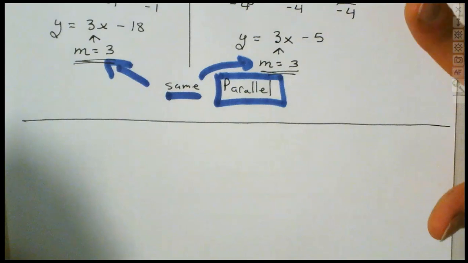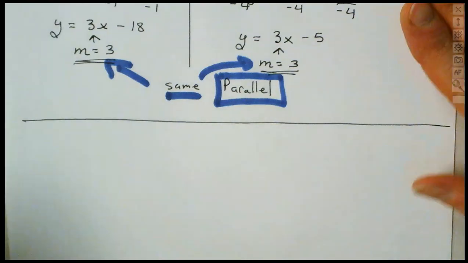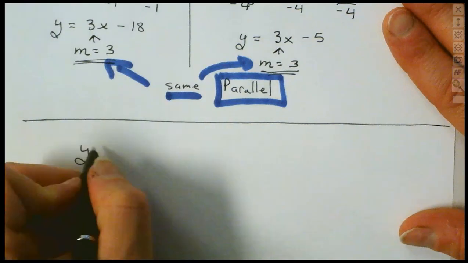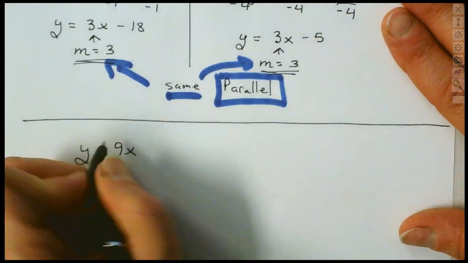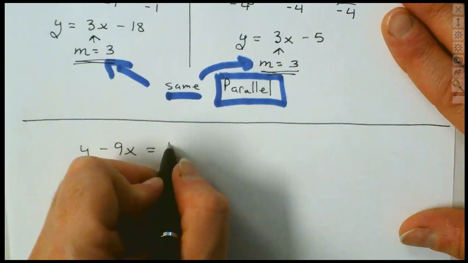So we'll do two more of these. Okay, the next set we're going to look at, we're going to see if these are parallel, perpendicular, or neither again. How about y minus 9x equals 18.